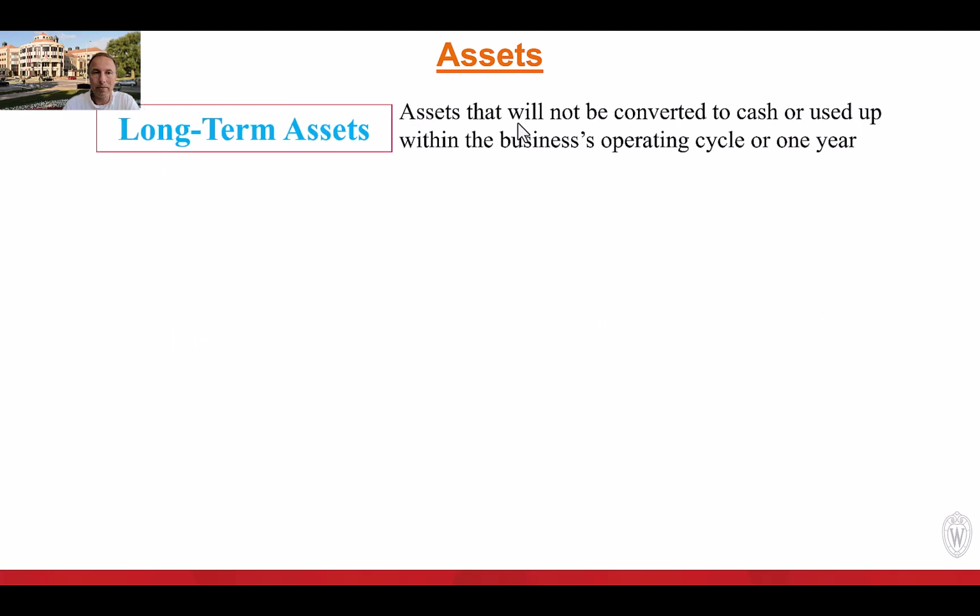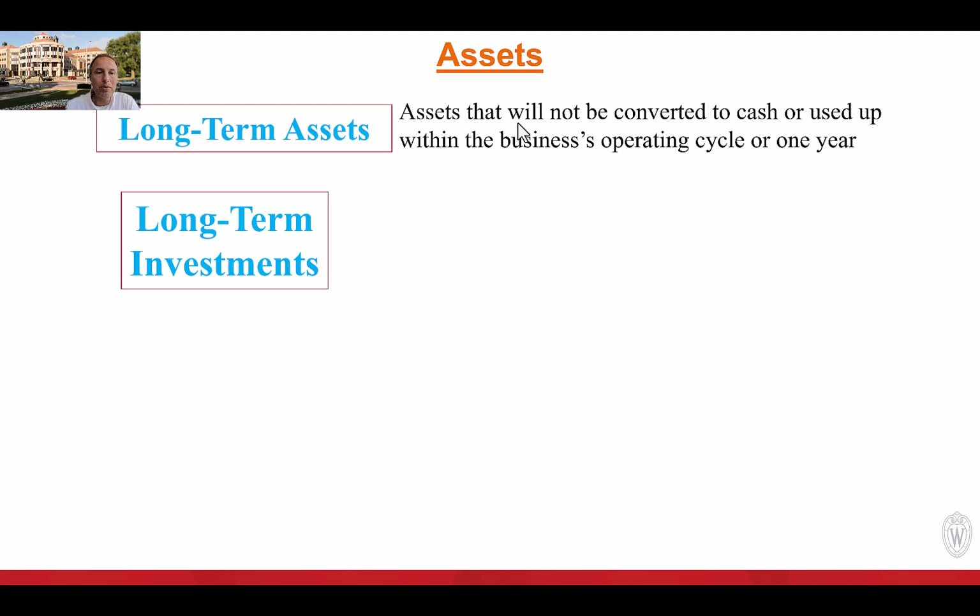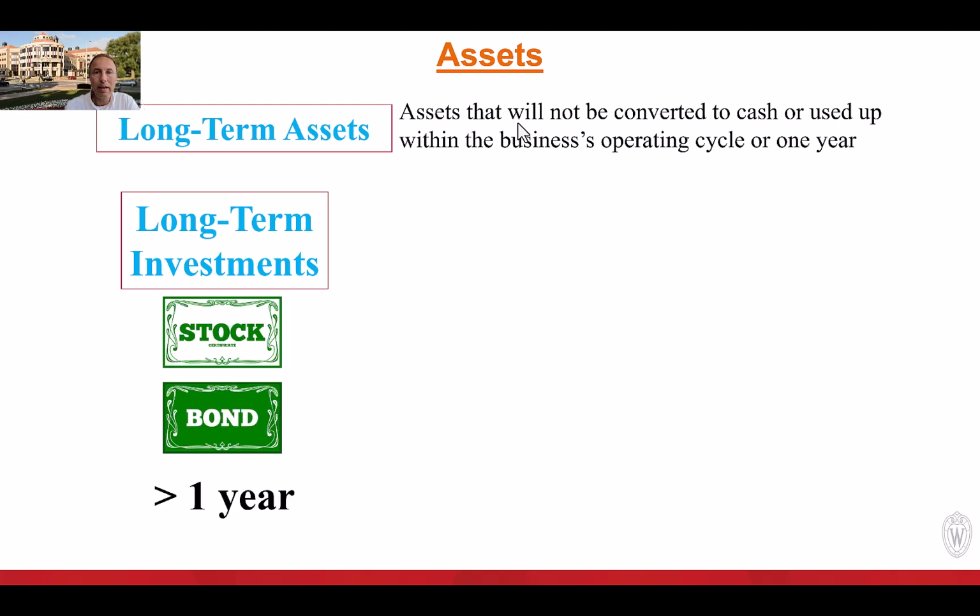A long-term asset is one that is not going to be turned into cash or used in the next 12 months. Some examples are long-term investments. Any investments like stocks and bonds that companies plan on holding onto for more than a 1 year period of time.